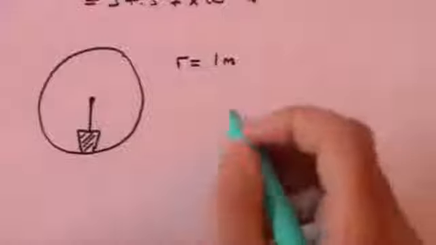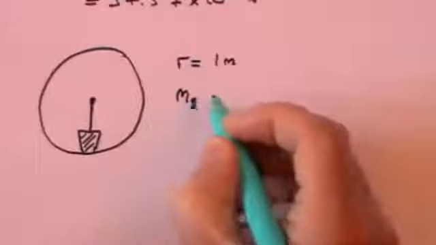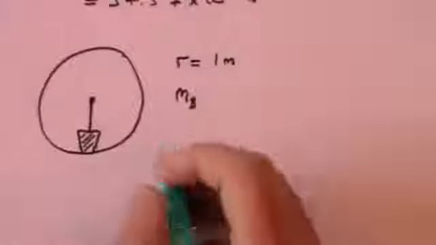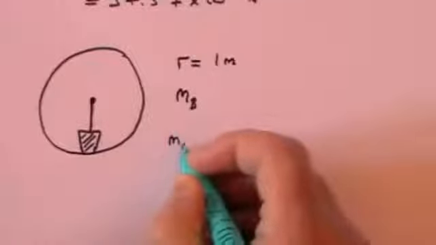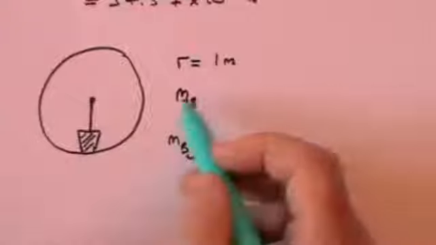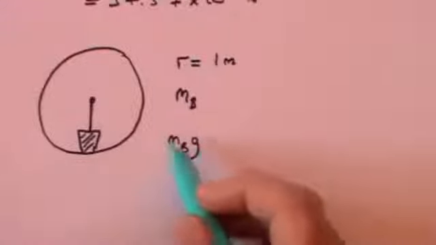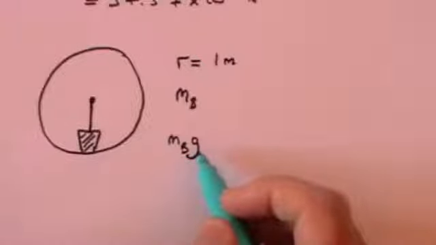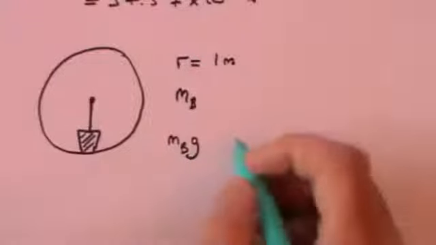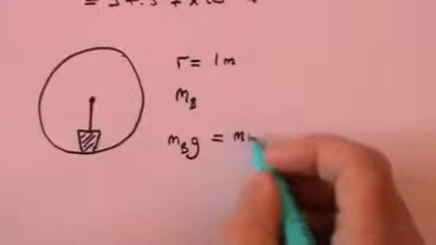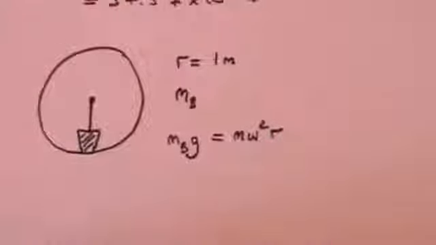So let's assume that the mass of the bucket is mb, and then we've got this condition, that in order for the water not to come out, the force due to the bucket plus the water, which is mg, is going to have to equal the centripetal force, m omega squared r.